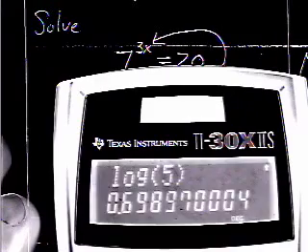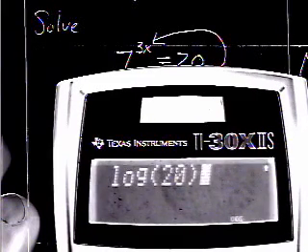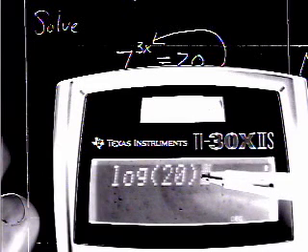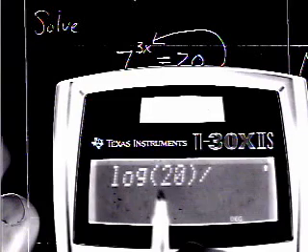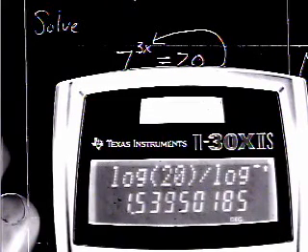So let's see here. Log 20, in parentheses. That parenthesis is extremely important. Make sure that you are putting that in there. Otherwise, you will get the wrong answer. Divided by log 7. I get 1.54.